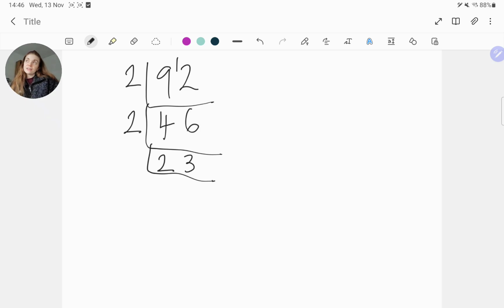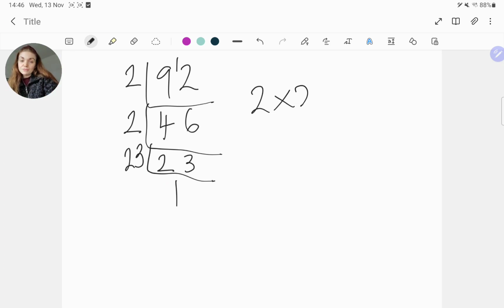Nope, because 3 7s are 21 and 3 8s are 24. 4 doesn't, because 4 6s are 24. So it looks like the only two numbers that go into 23 are 23 and 1. So 23 is a prime number. And 23 into 23 gives 1. And we said 1 and done.